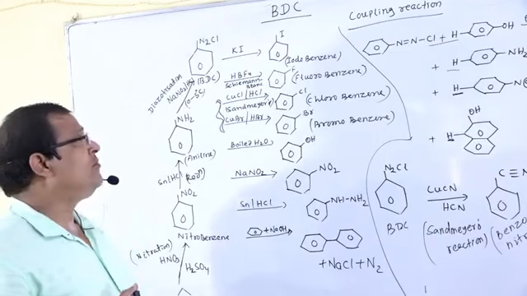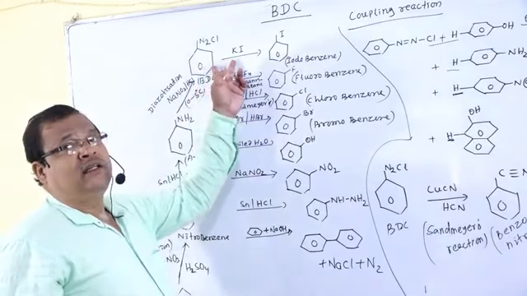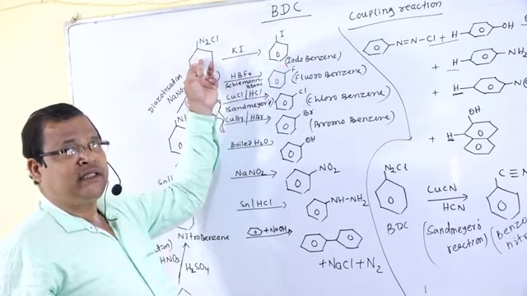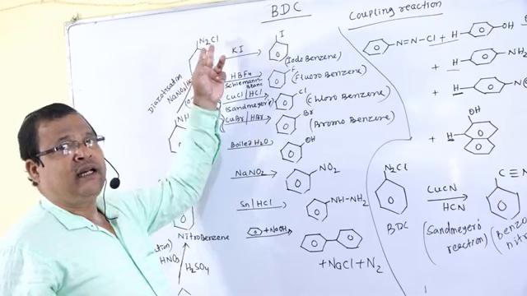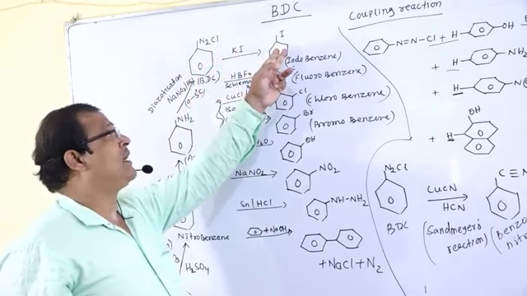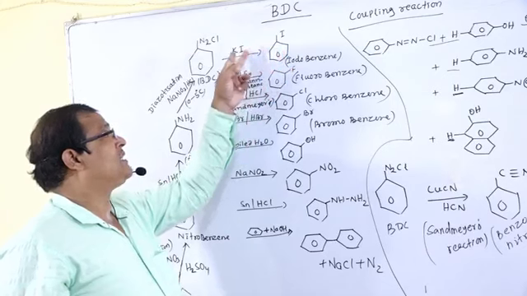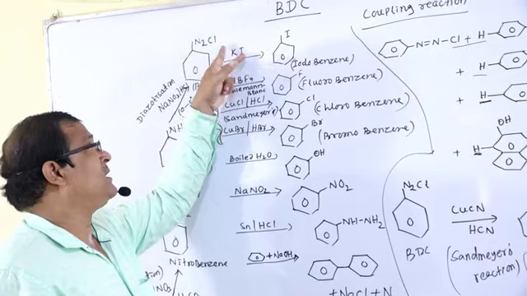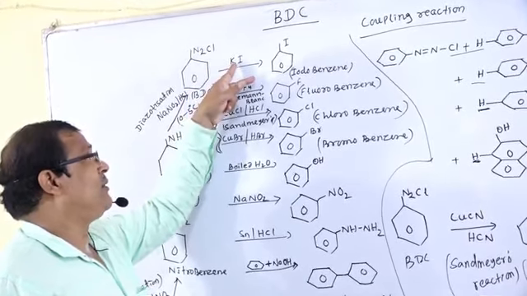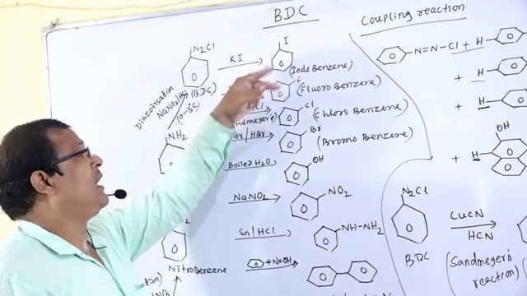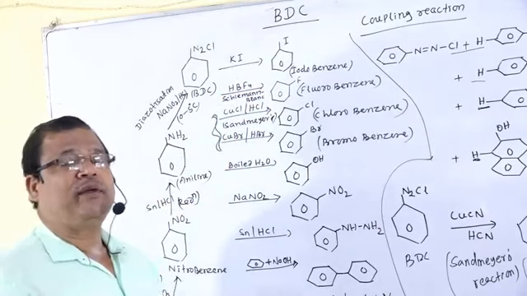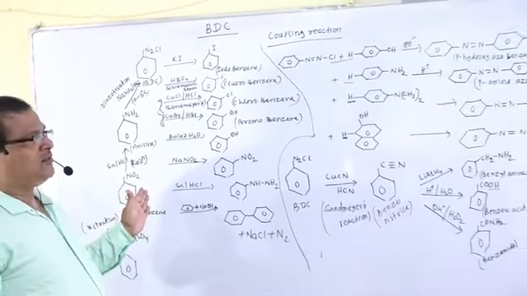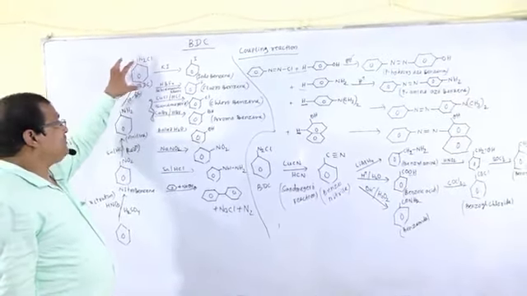But in this method we can obtain iodobenzene directly: BDC treated with KI forms iodobenzene, and the rest is removed in the form of KCl and N2. So these are the different types of conversions we have explained through BDC.